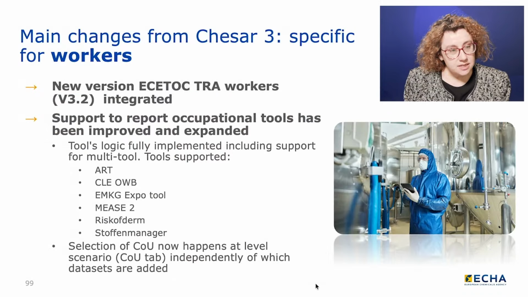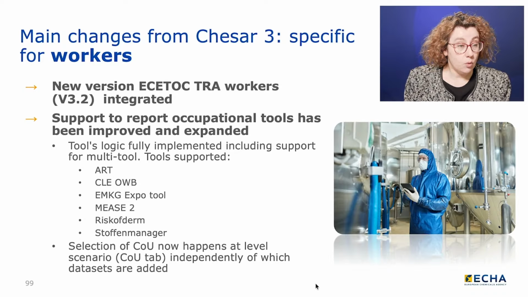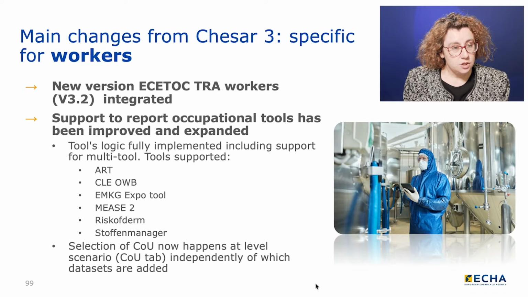The other changes are really specific either for workers or for consumers. Starting with workers, the first main difference with Chesar 3 is that we have integrated ECETOC TRA Workers version 3.2. This is a newer version, so you can expect a bit of difference in the calculations.